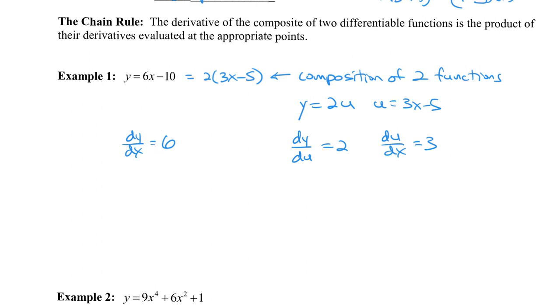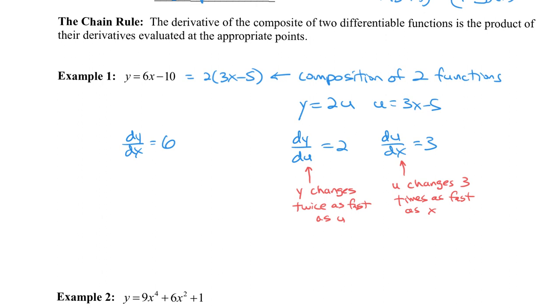So if we look at this, dy du equals 2, this means that y changes twice as fast as u. And also, if du dx is 3, that means that u changes 3 times as fast as x.